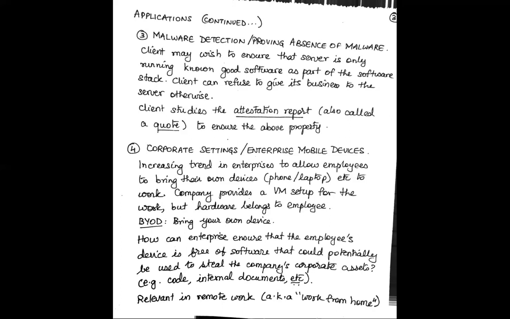Again, over here, this is a problem for attestation. The client can request an attestation of the server software stack, and it can study the attestation report, which is basically the proof that the server gives to the client, and ensure that the software that's running on the server is only the software that the client trusts.